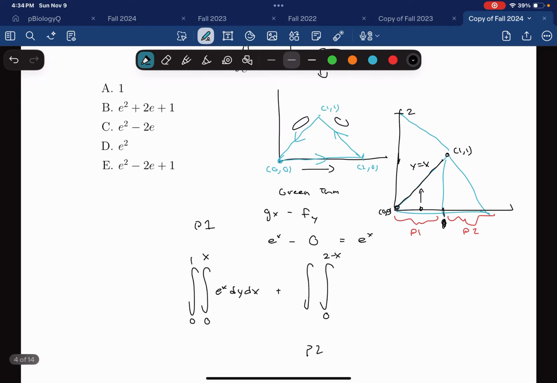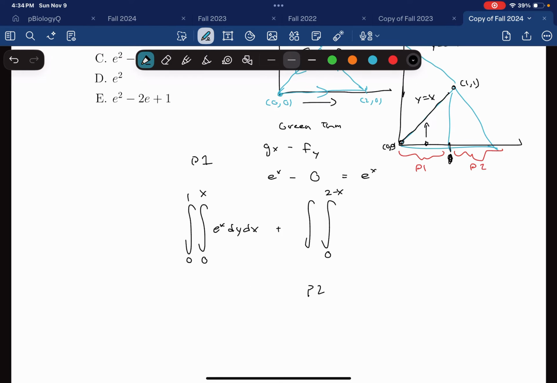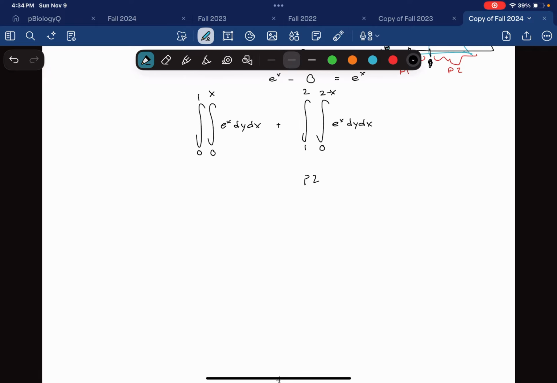So that becomes y equals 2 minus x, and the x is now from 1 to 2. e^x dy dx. Okay, so now we have to do like a whole lot of math.